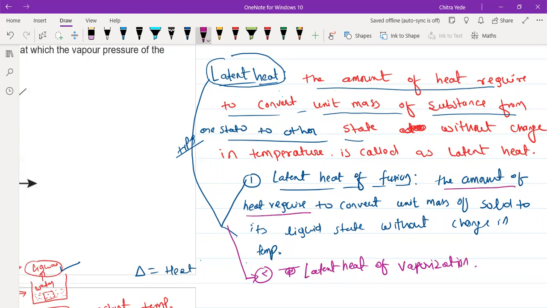The amount of heat required to convert unit mass of liquid to its gaseous state without changing temperature is called latent heat of vaporization. Understood now? So write both of them and design them on your own, and then you have to read it loudly so that I can check whether you have written it right or not.